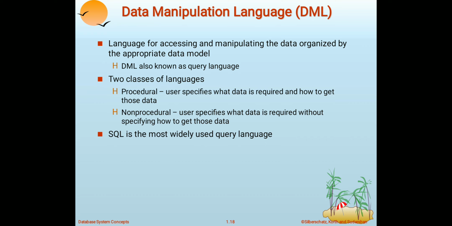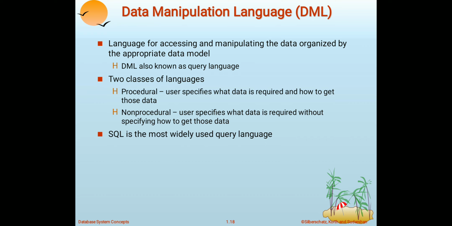Here there are two classes of languages, one is procedural, another one is non-procedural. The procedural language specifies what data is required and how to get that data. In non-procedural, the user specifies what data is required without specifying how to get those data.